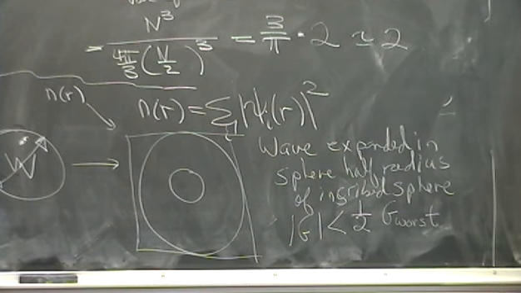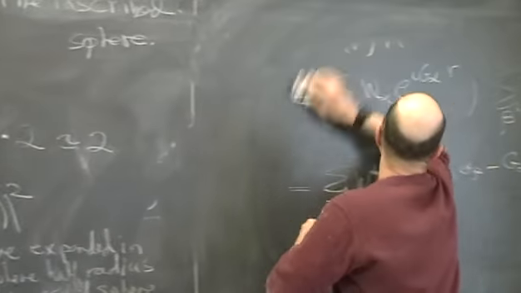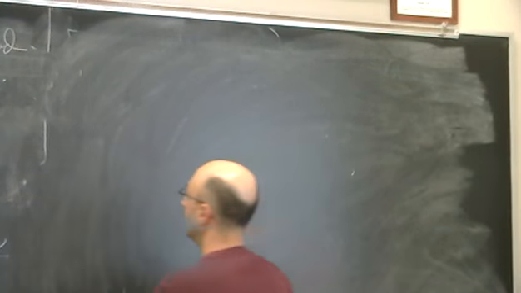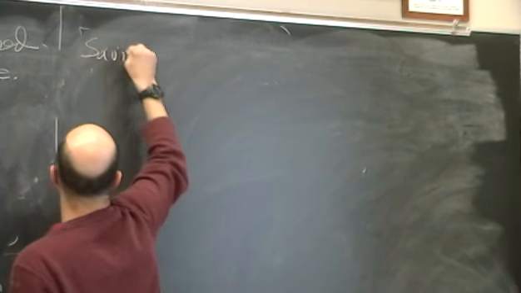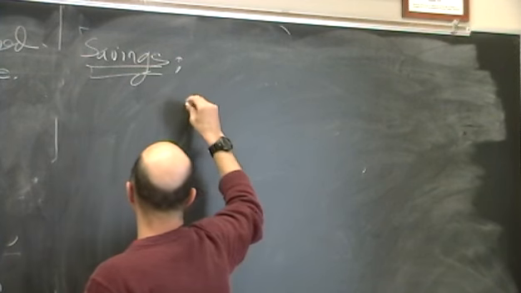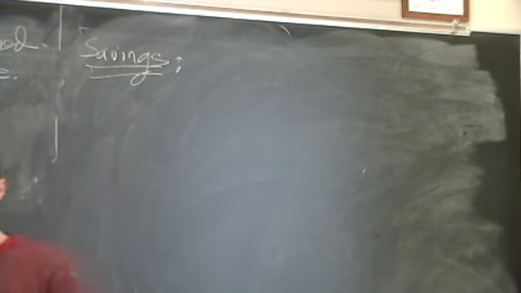And then my savings, of course: clearly if it's got half the radius, it's 1/8 the volume.